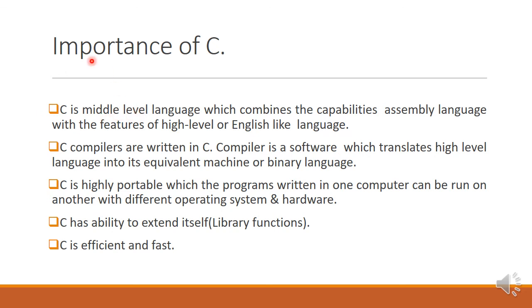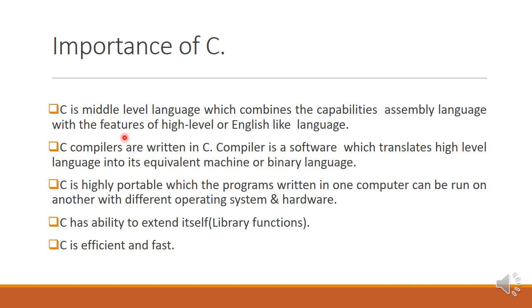Actually C is a middle level language, but don't get confused. In some books it is given as a high level language. Both are the same. You can call it a middle level language or an English-like language. And C compilers are written in C. What do we mean by compiler? A compiler is software which translates high level language into its equivalent machine or binary language.